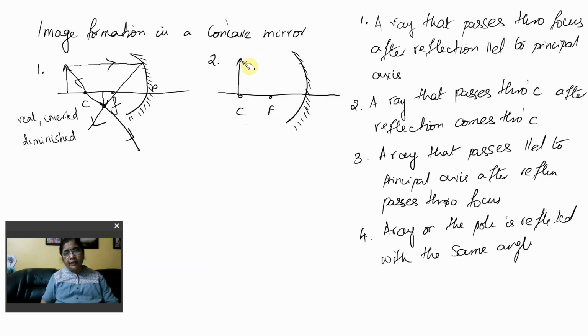First is what we did earlier. A ray passing parallel to the principal axis, after reflection, will pass through the focus.